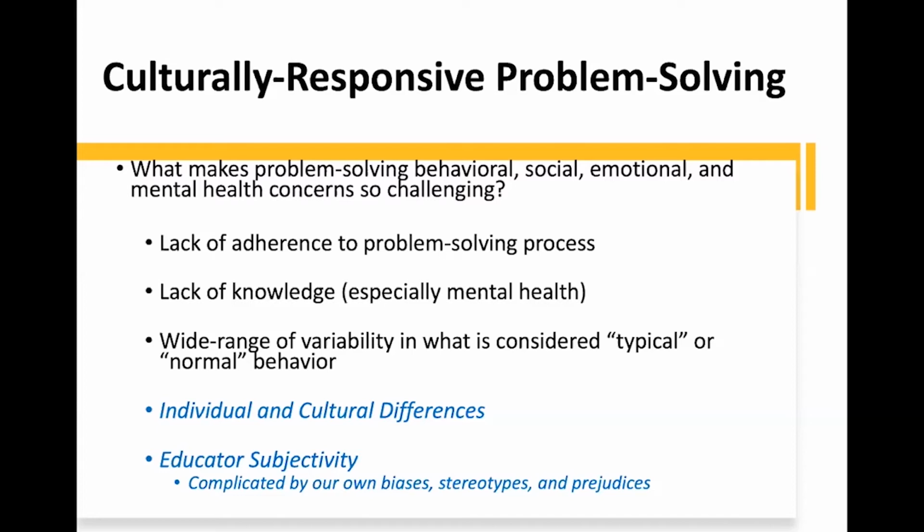One of those reasons is just a lack of adherence to process. So just the structures that we create to have a systematic problem-solving process, identifying a problem, collecting data, using that data to inform intervention, and then evaluating, breaks down in school-based settings a lot of times.